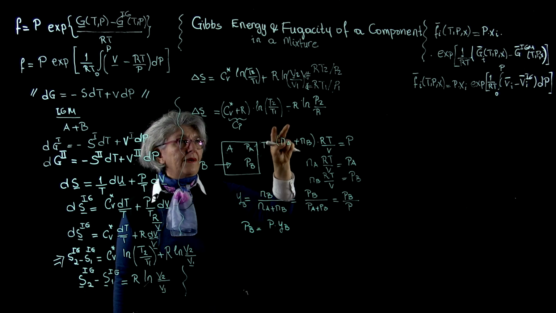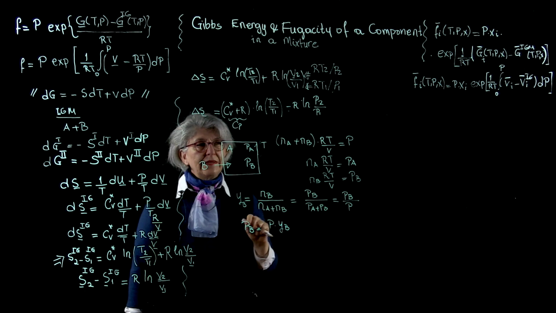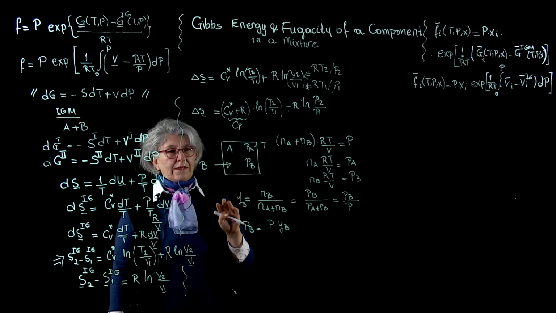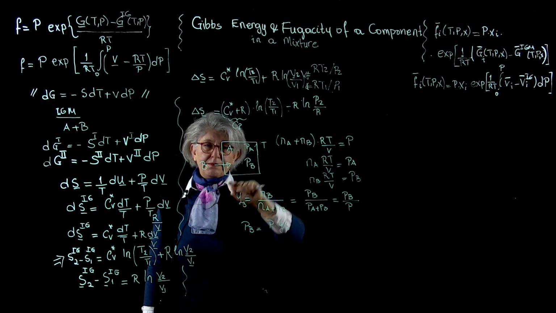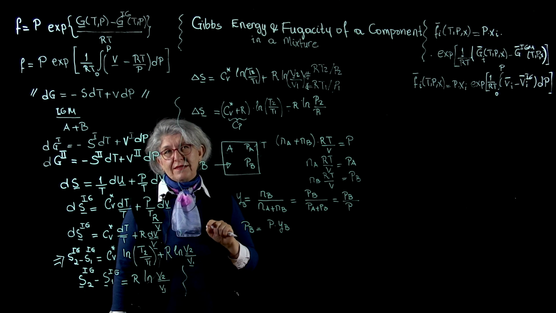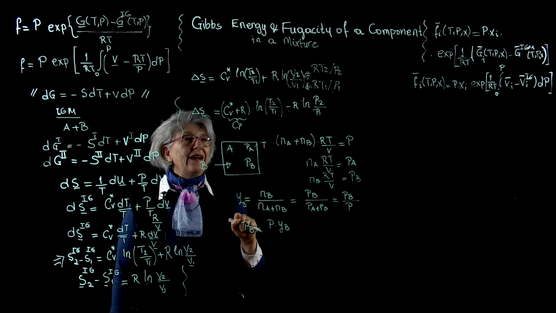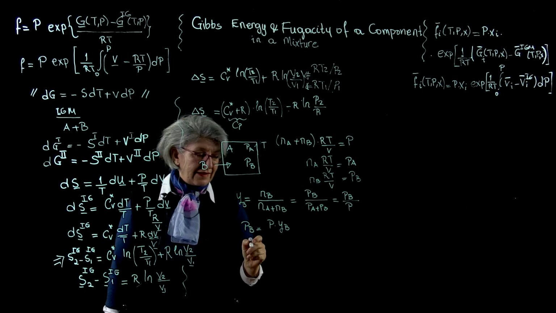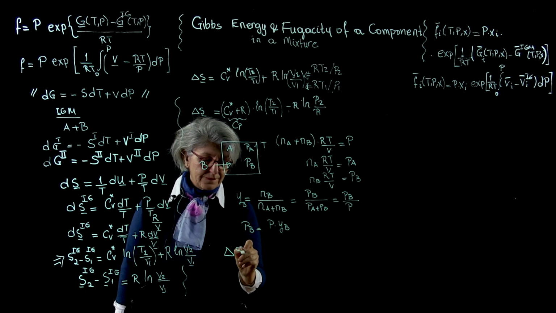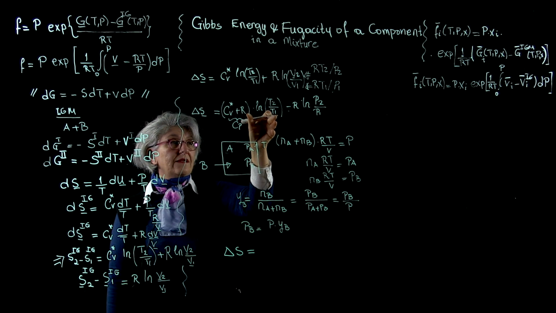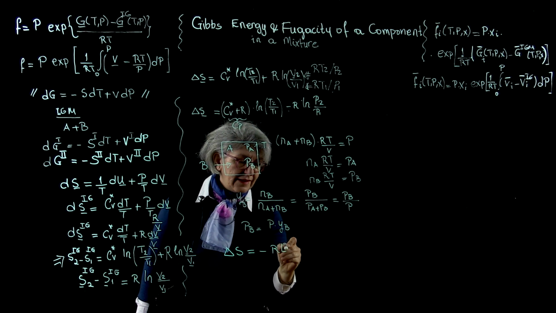And now I'm going to calculate how the entropy of pure A has changed after being blended into B. What is the initial situation? The initial situation is that I have pure A at P sub A at constant temperature. At constant temperature, I don't have the Cp ln T term.